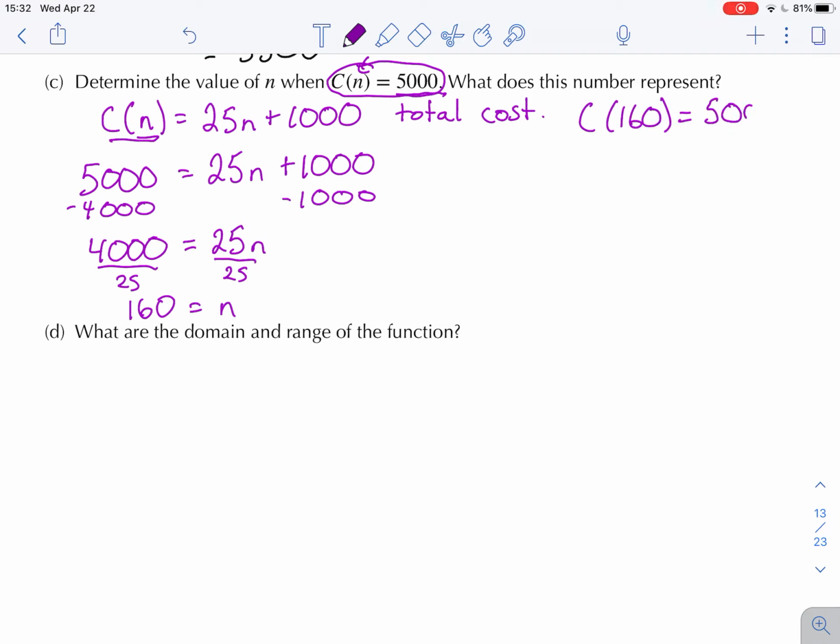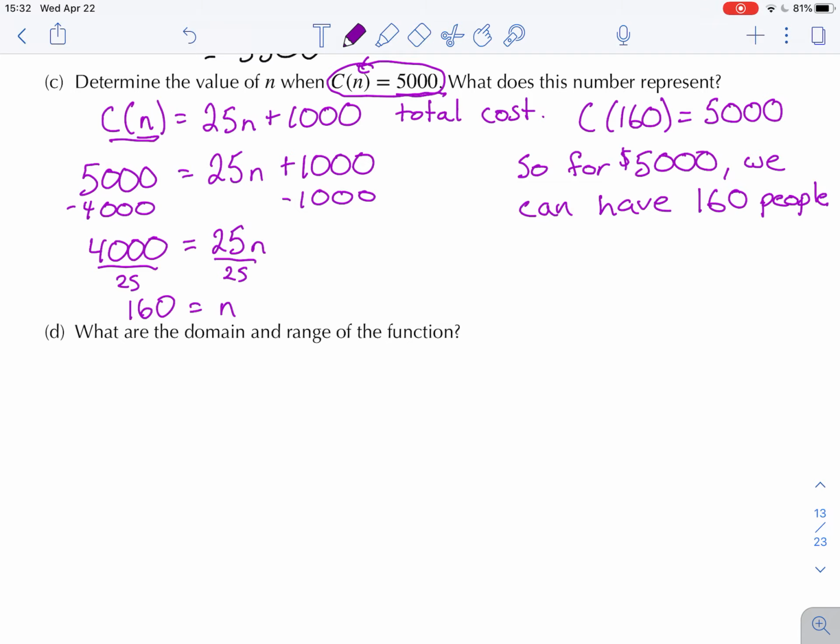So we get this. The cost of 160 people is equal to $5,000. So for $5,000, we can have 160 people at the banquet.